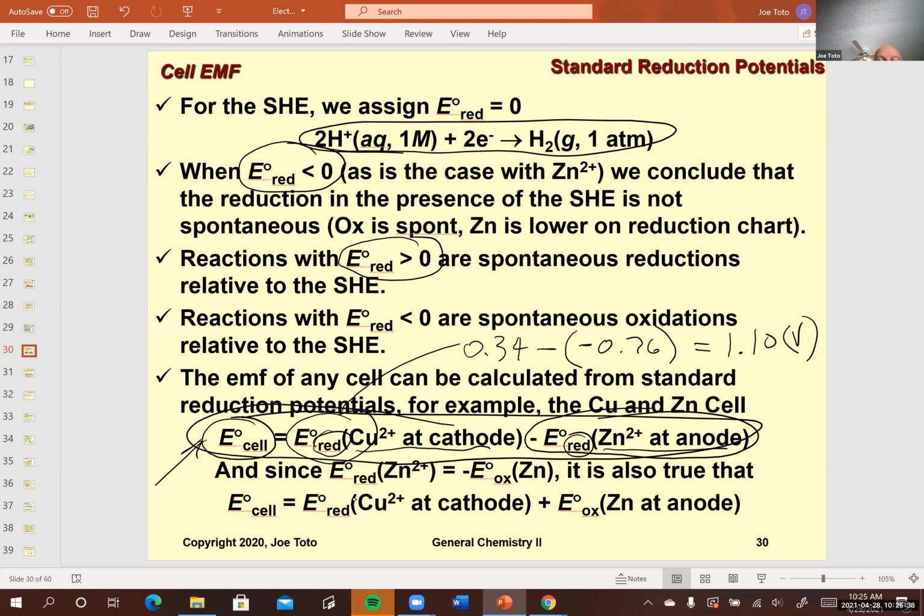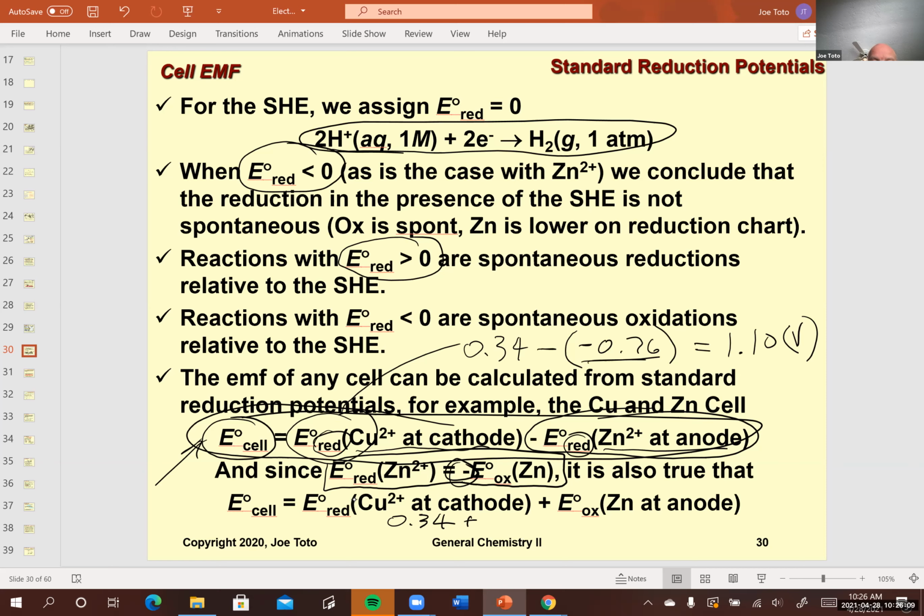Now, because of this equation here, the reduction potential of the ion is related to the oxidation potential of the metal with this negative charge. I could use this equation as well to get the same answer. So in this equation, it would be 0.34 again plus, and then I use that on the value for the reduction.